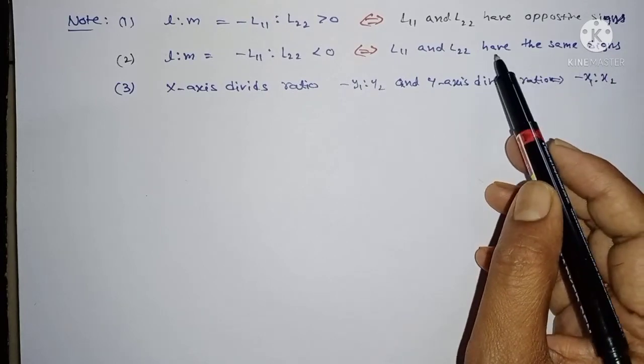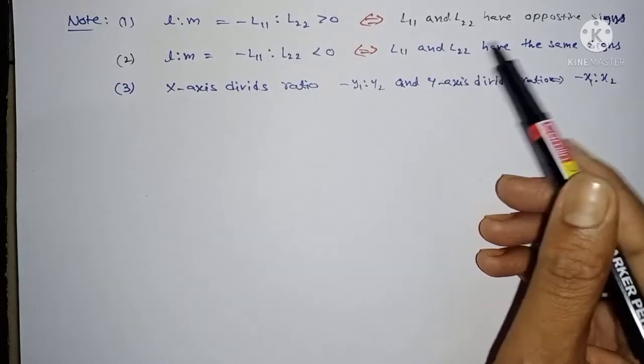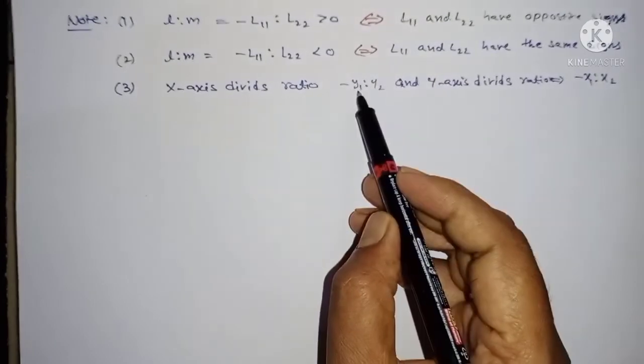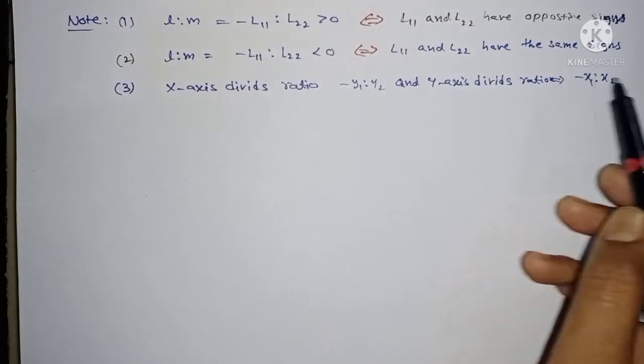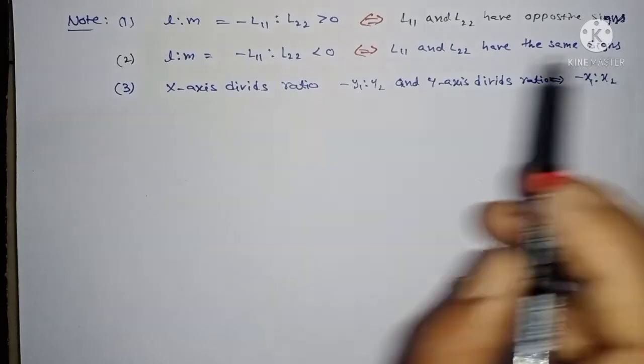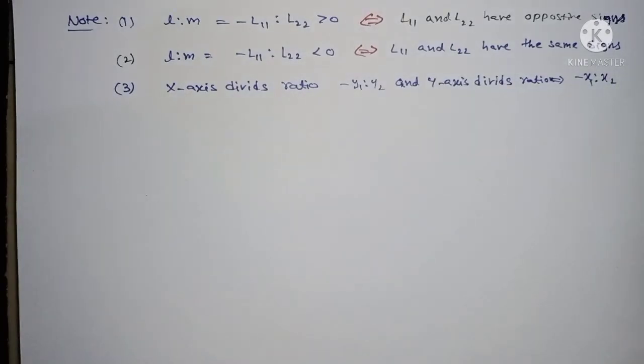You can do one problem to understand this. The x-axis divides in the ratio minus y1 is to y2. The y-axis divides in the ratio minus x1 is to x2. You can observe this in a solved problem. That's why I am explaining.